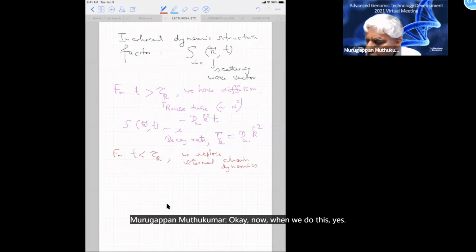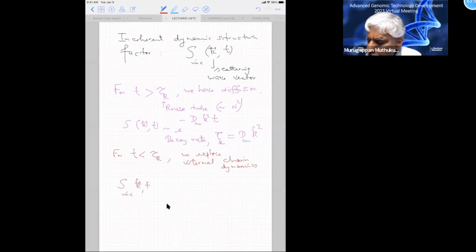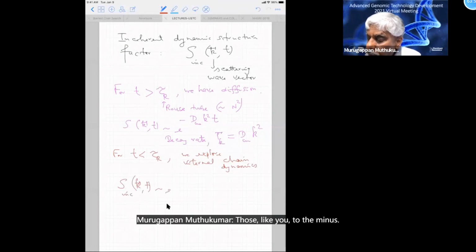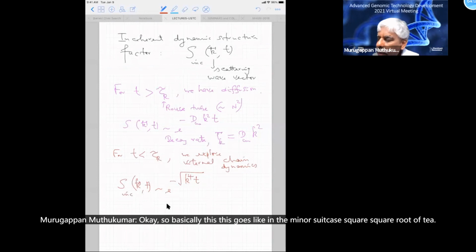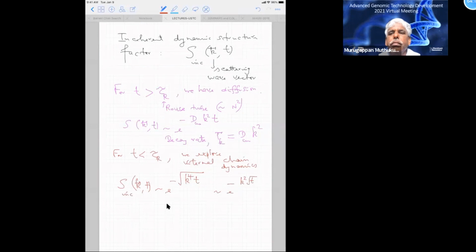Okay. Now when we do this, S incoherent (k, t) goes like e to the minus k to the 4 t, square root. Basically this goes like e to the minus (k squared t) to the power one half.